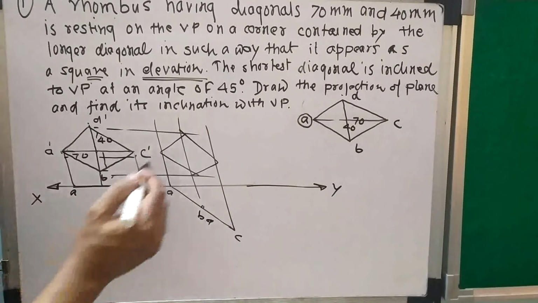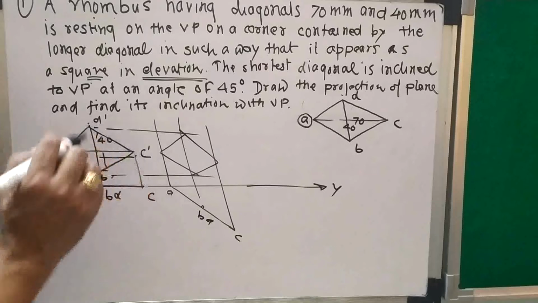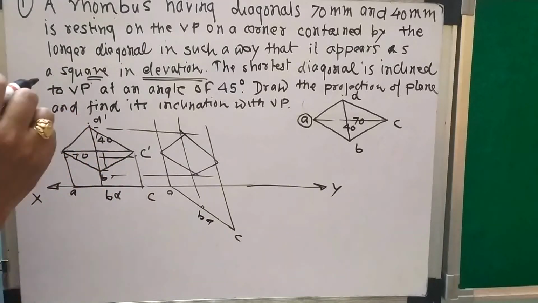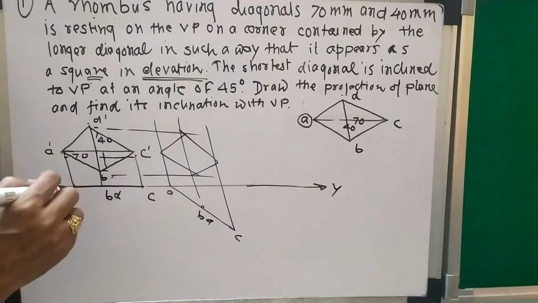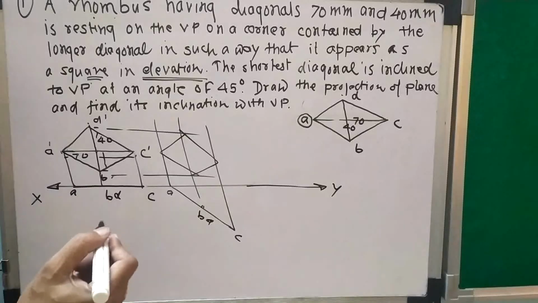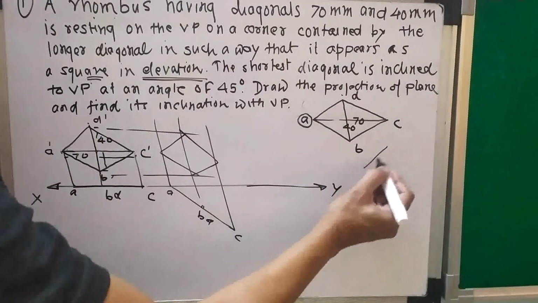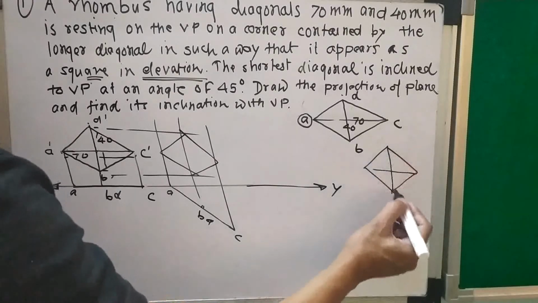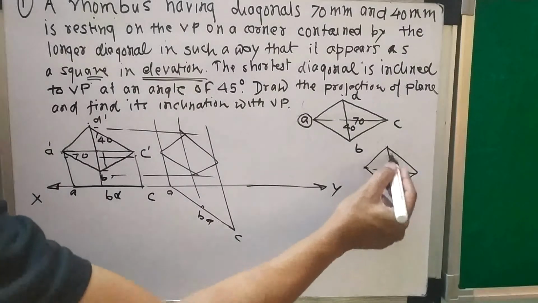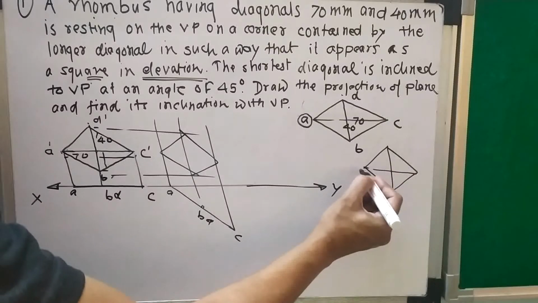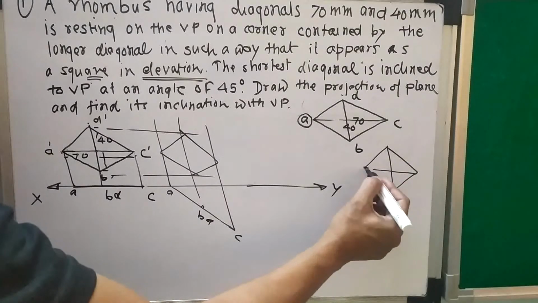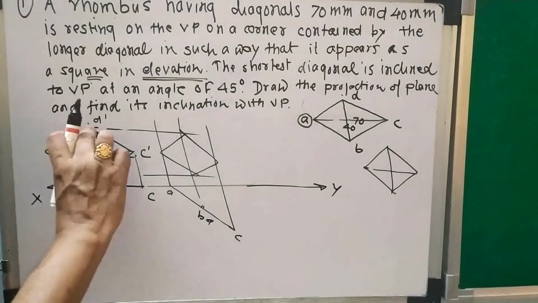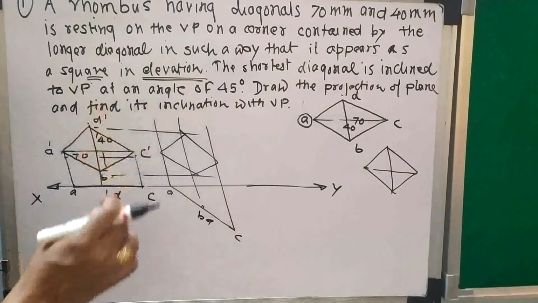So we will get a square of diagonals 40 by 40, because the diagonals of the square are equal and perpendicular bisectors. So this remains 40 and this will also remain 40.